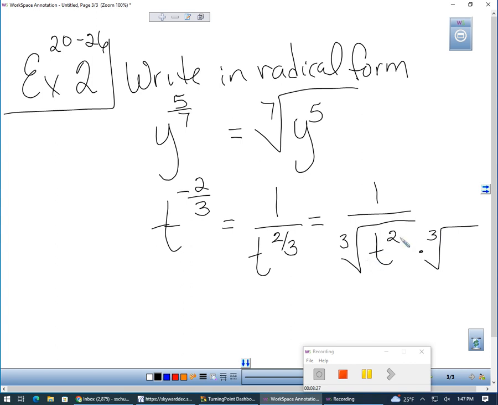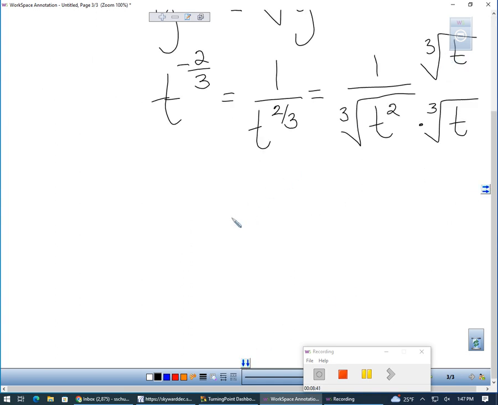I have 2 t's right now, which means I need 1 more t. So I'm going to multiply by the cube root of t. Whatever I do to the bottom, I have to do to the top. That means I have the cube root of t over t.